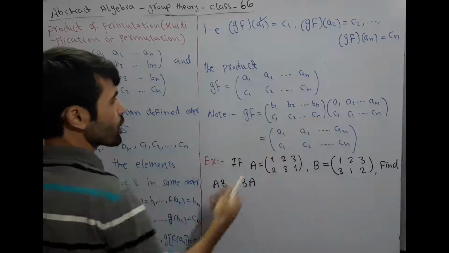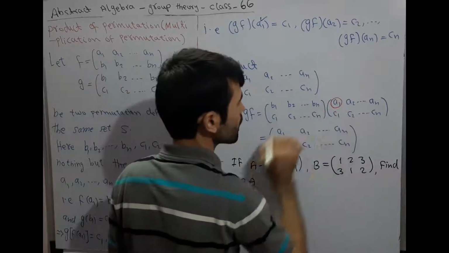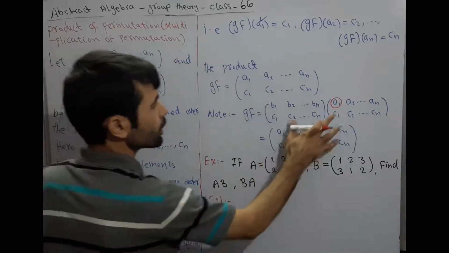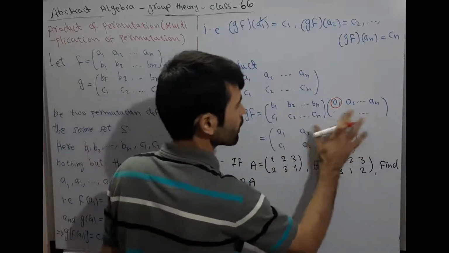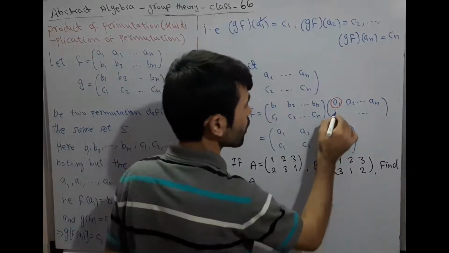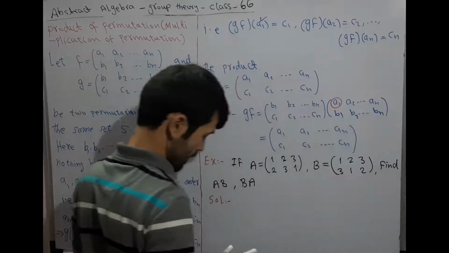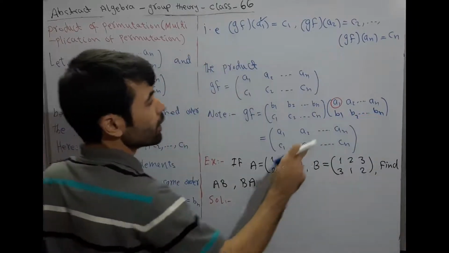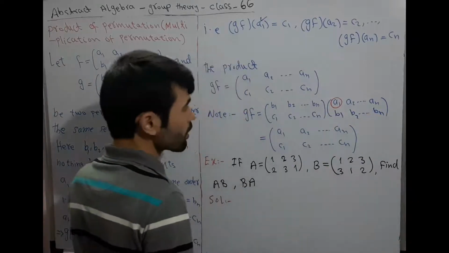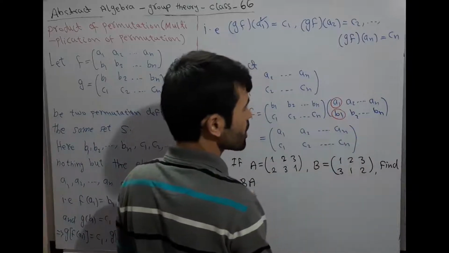If we multiply these two, here is a1, under a1 is b1.